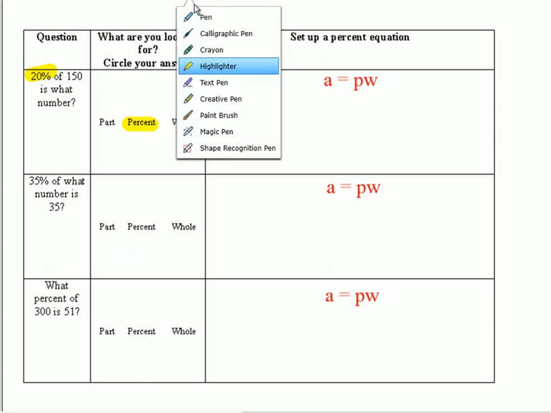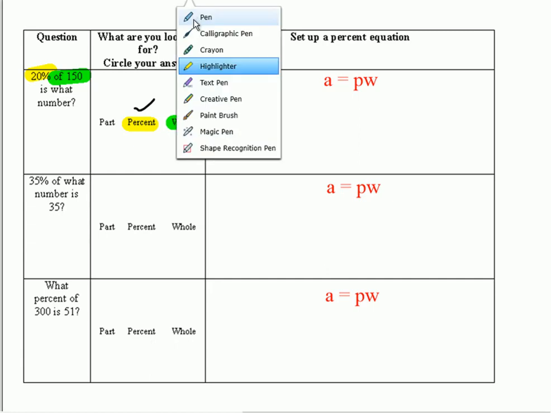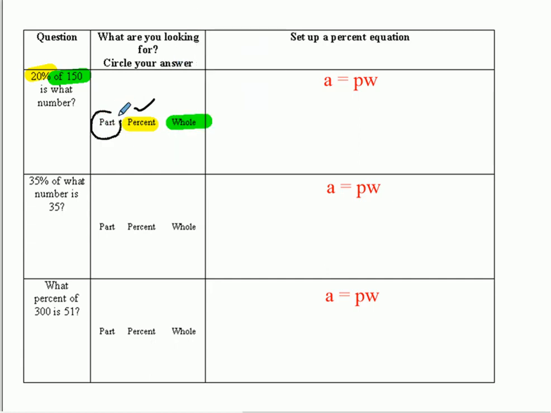Check. Another keyword when we're talking about of is percent of 150. So this right here, percent of, that of is telling me that I also have the whole, which means I am looking for the part in this problem.